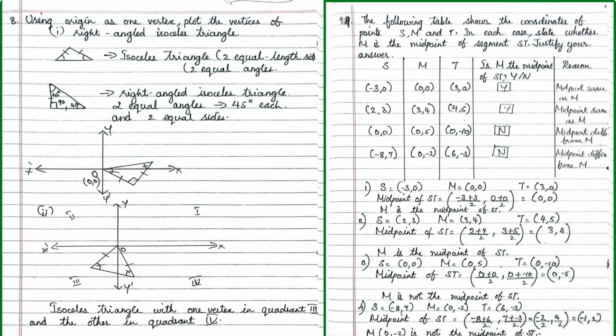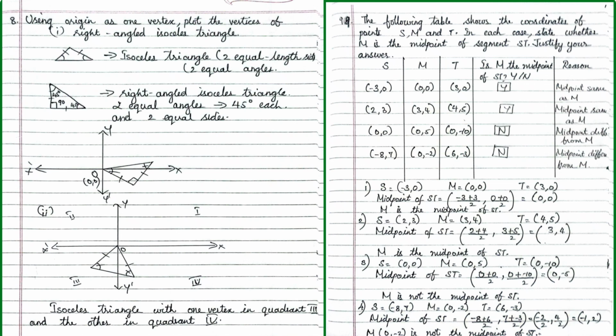What happens in a right angled isosceles triangle? The two sides are equal, the two angles are equal, and these two angles should be 45 degrees each. Since it is a right angled isosceles triangle, the third angle should definitely be 90 degrees, making the other two equal angles 45 each.